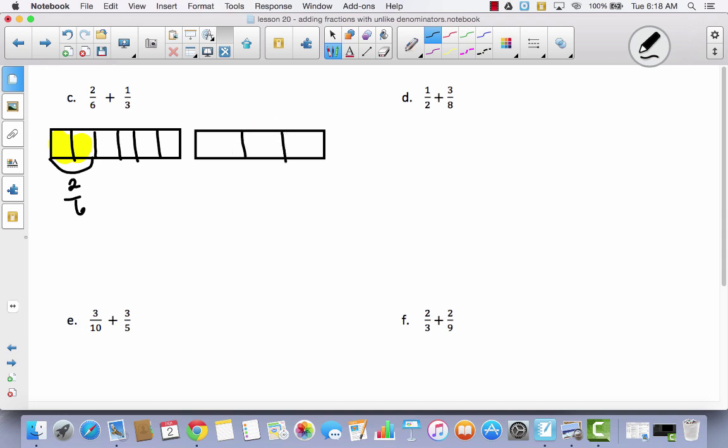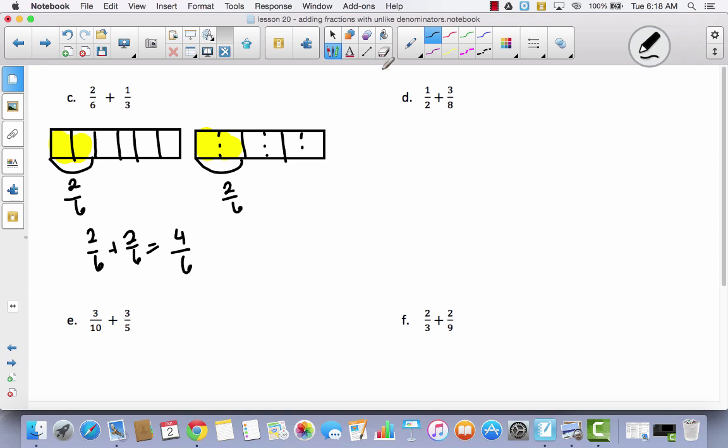Here's 1, 2, 3, so I'm going to go ahead and shade 1/3. And I'm going to decompose these thirds into sixths like this. So now my third has become 2 sixths. So I have 2 sixths plus 2 sixths equals 4 sixths.